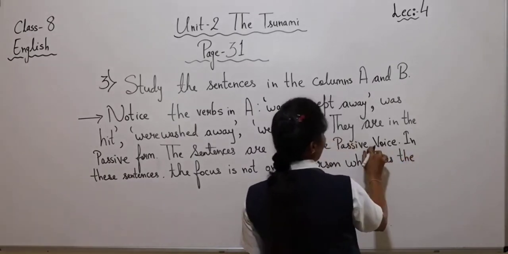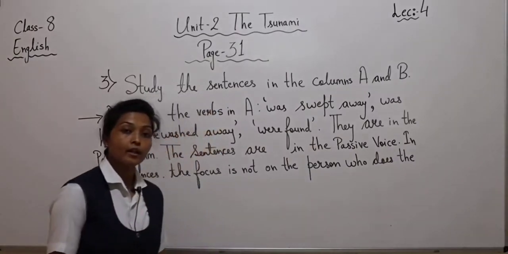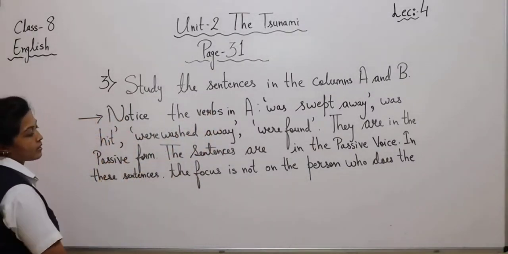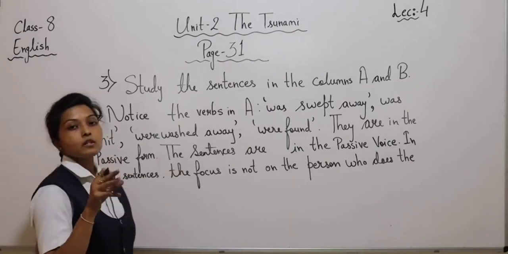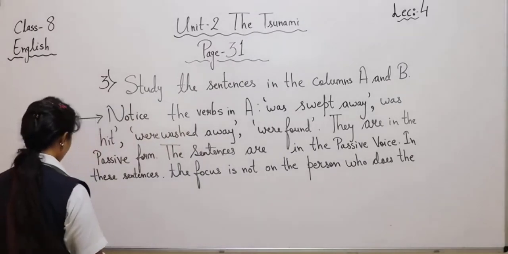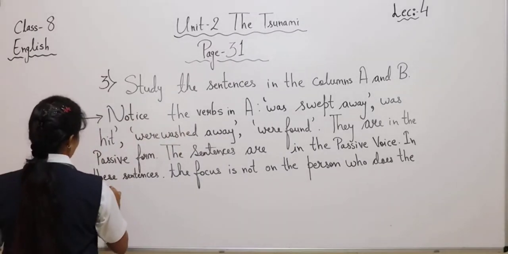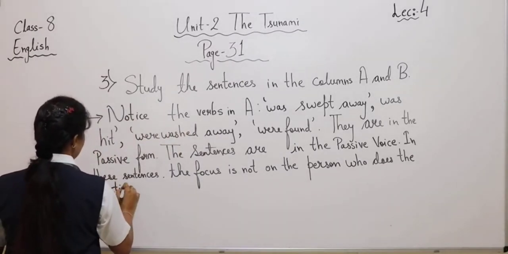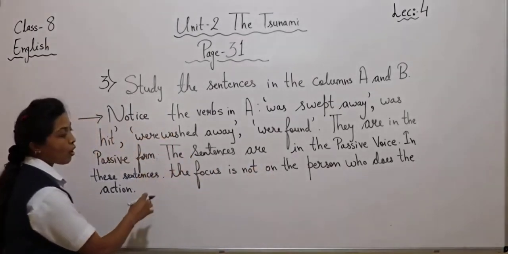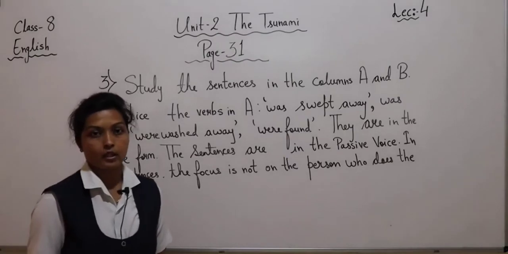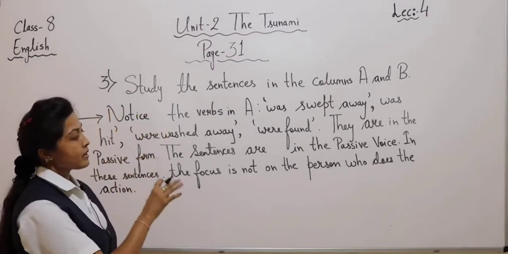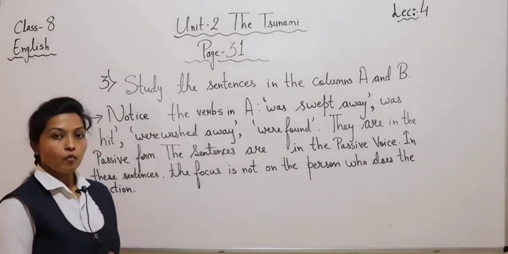And why are they in the passive form? Because in the given sentences the focus is not on the person who does the action. So whoever performed the action, the focus is not on that person. Is that clear? So the sentences are in the passive voice.